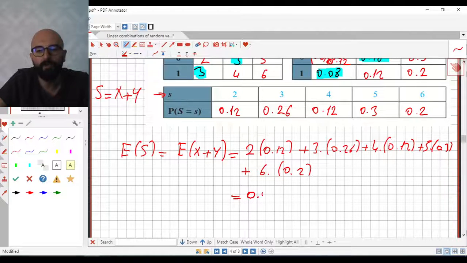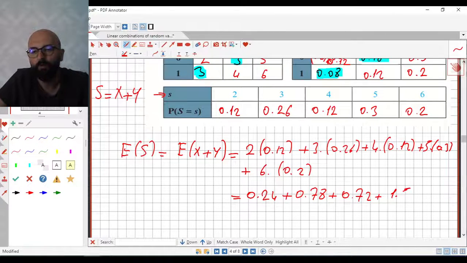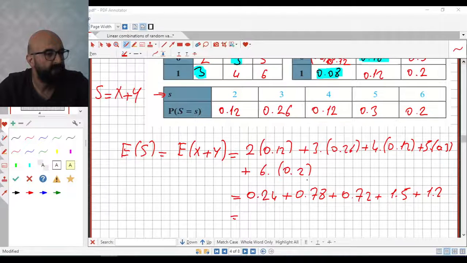It means 0.24 plus 0.78 plus 0.48 plus 1.5 plus 1.2, which gives 4.2.